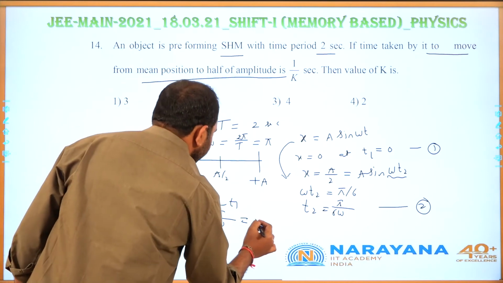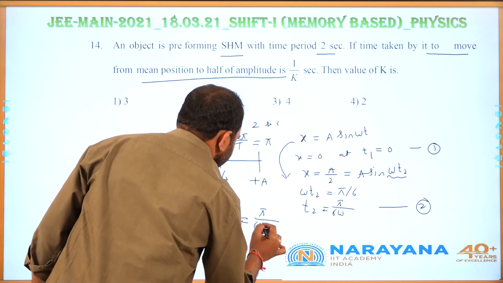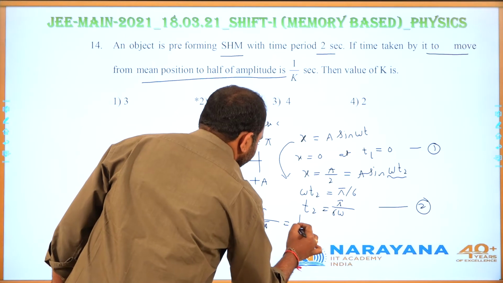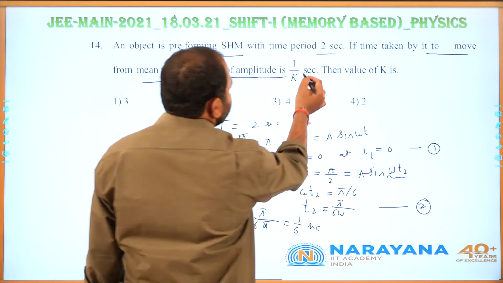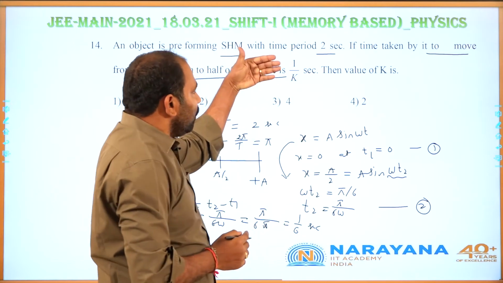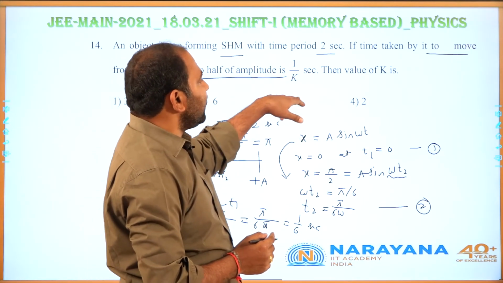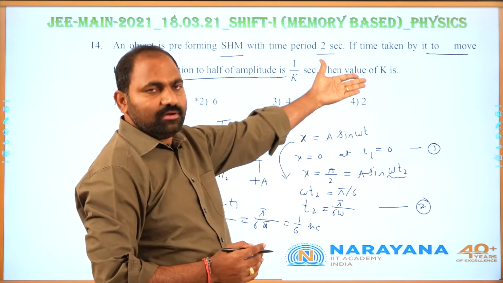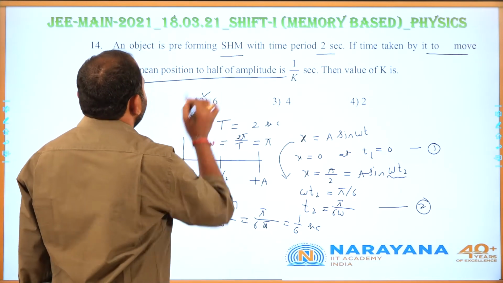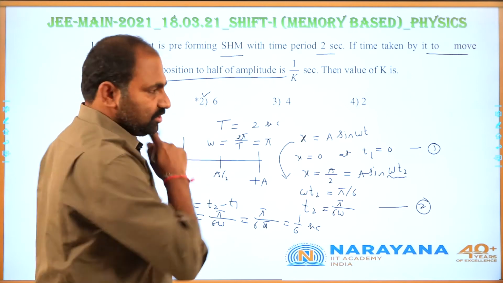So if I substitute the value of omega as pi, we are left with 1 by 6 seconds as the time required. He is asking the value of k in 1 by k. 1 by k is 1 by 6, so the value of k will be 6. So it is given with the second option. Let us go to the 15th question.